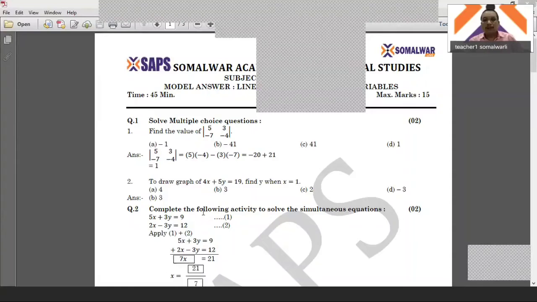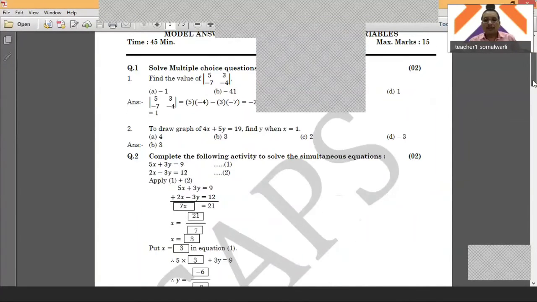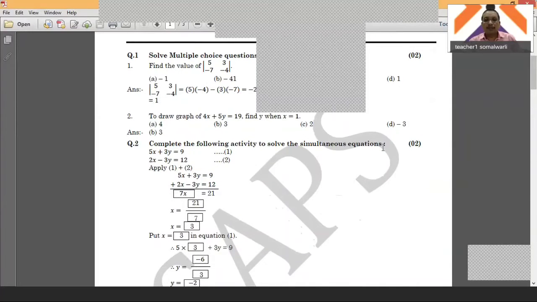Then the second question is to complete the following activity to solve the simultaneous equations. So you have to fill up the blanks. The equations are 5x plus 3y is equal to 9 and 2x minus 3y is equal to 12.